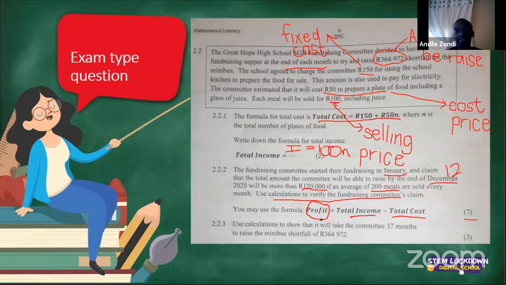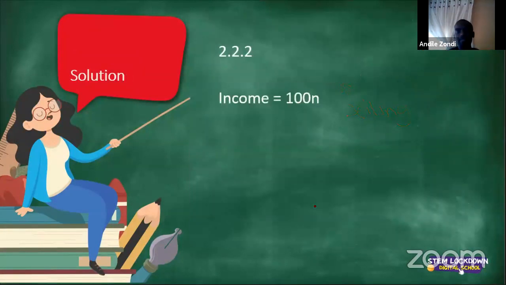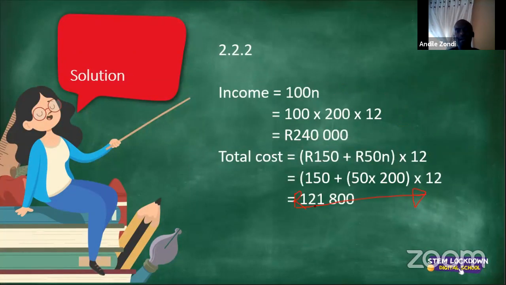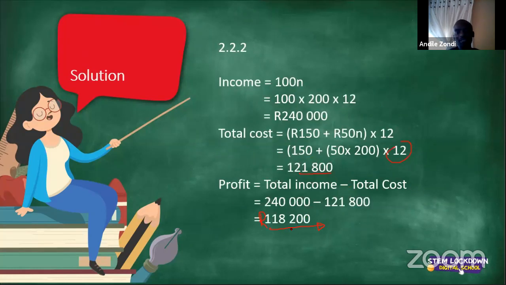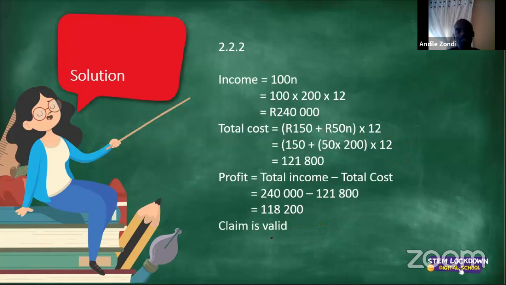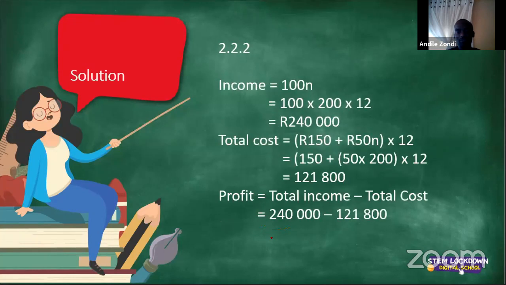They claimed that the profit was going to be 120,000, but our profit is actually less than 120,000. So you need to also state whether they are correct or not. Is the claim valid or not? Let's go back again.